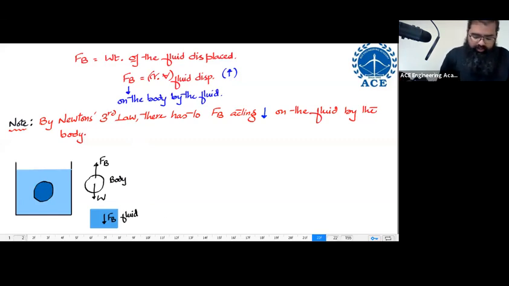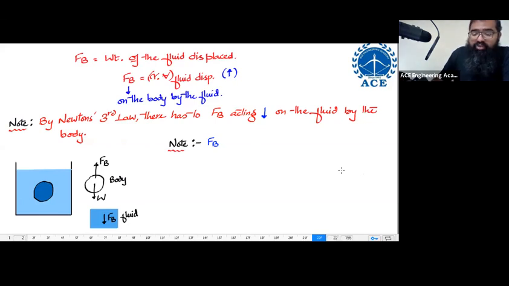One more note over here. This FB force, which we are showing, is a force equivalent to the weight of the fluid displaced.